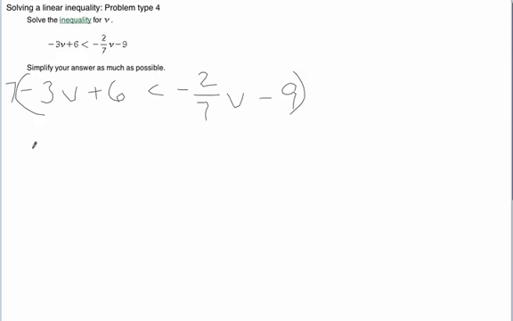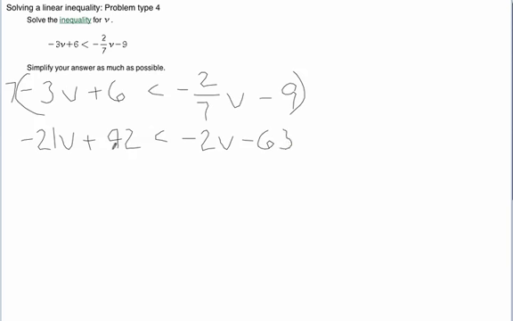So when we distribute this, 7 times the negative 3v is a negative 21v. 7 times 6, that's a positive 42. We've got a less than. Here's where we get rid of our fraction. The 7's cancel, we just end up with a negative 2v. Then it's going to be minus 63.